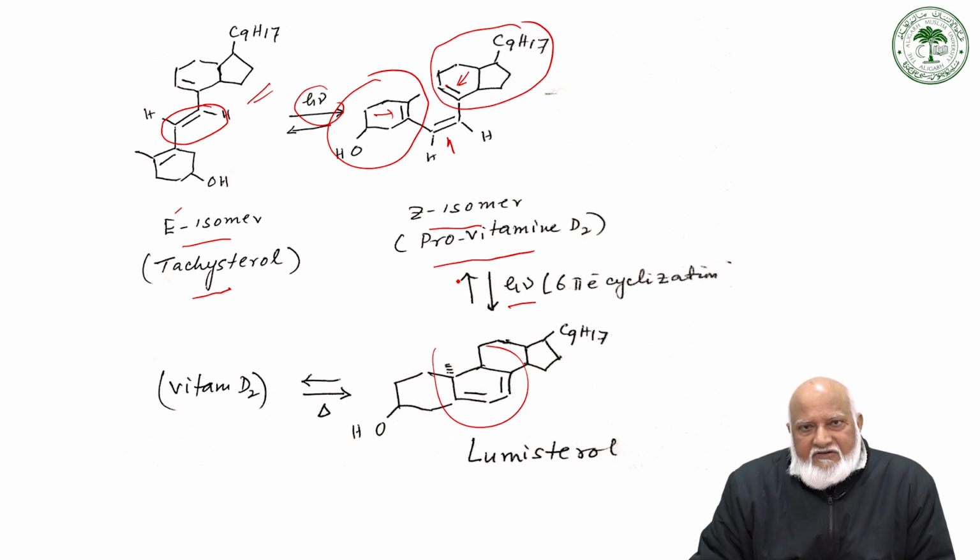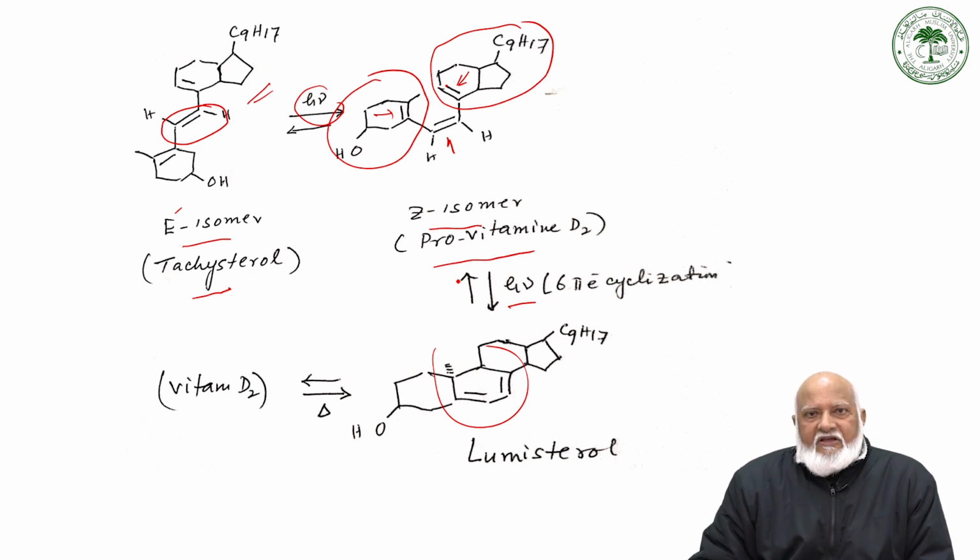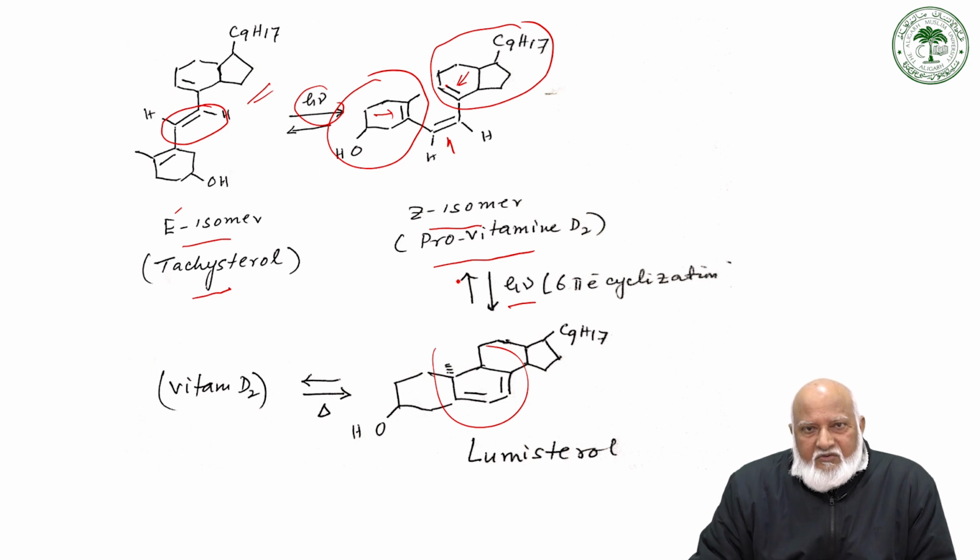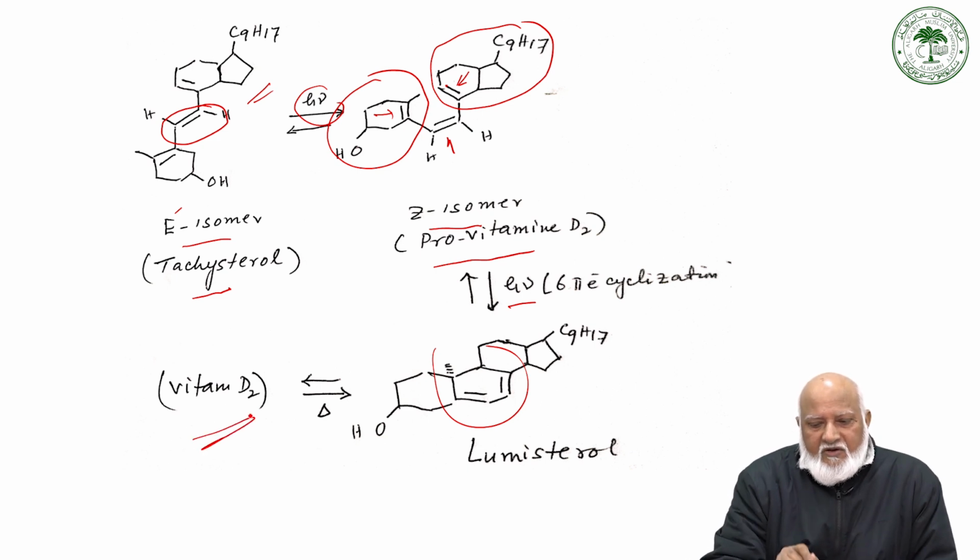So, this is another example of synthetically important tachysterol going to provitamin D2 via photochemical cis-trans isomerization. Once again, provitamin D2 may undergo 6π electron cyclization under photochemical conditions to give you lumisterol, which can thermally lead to vitamin D2.